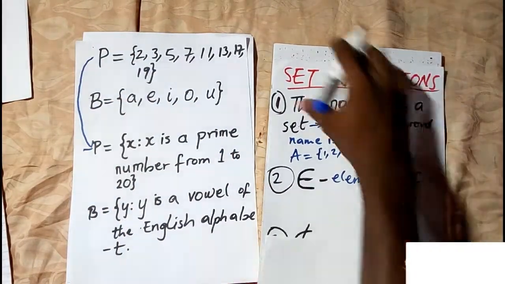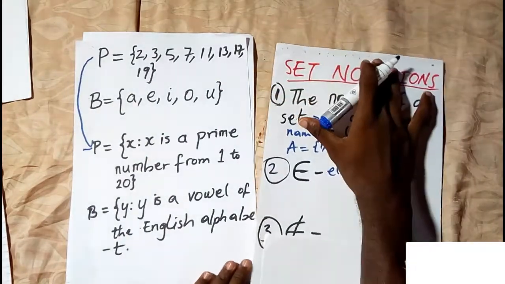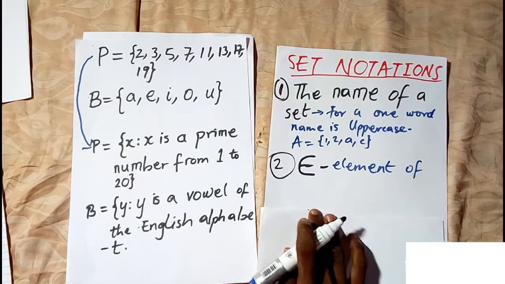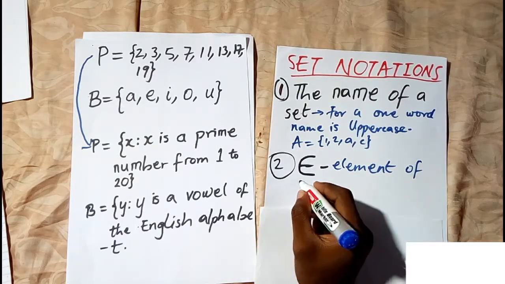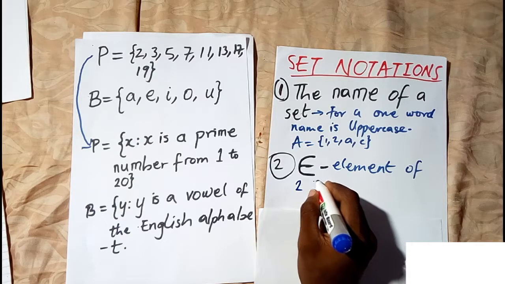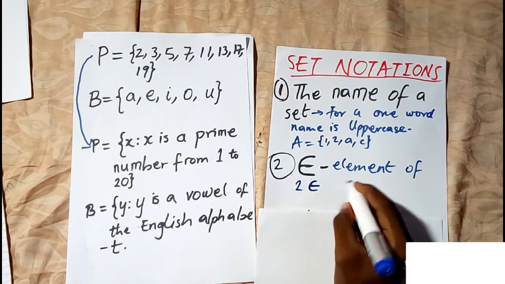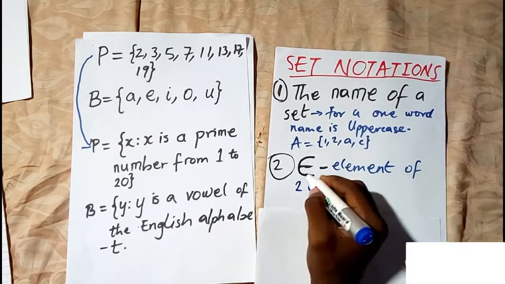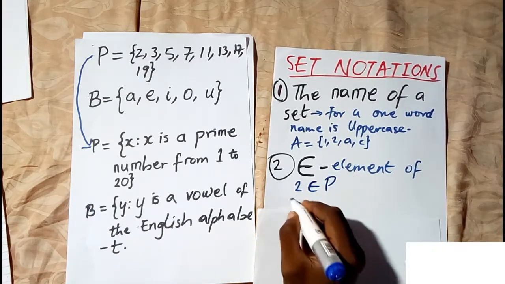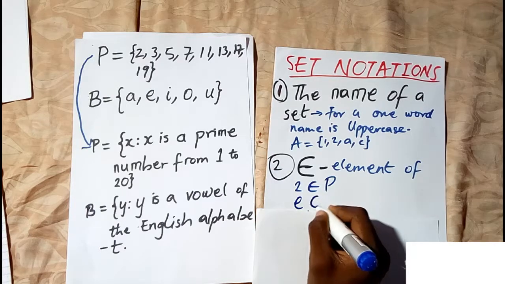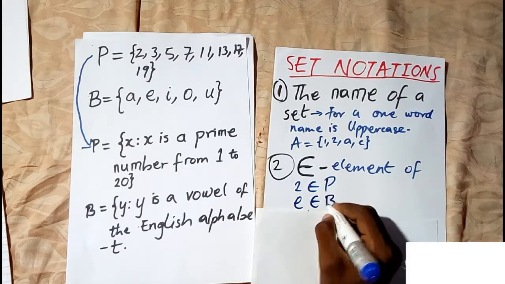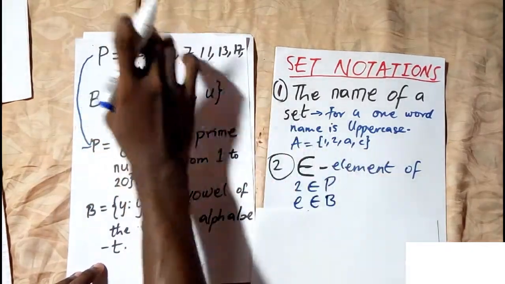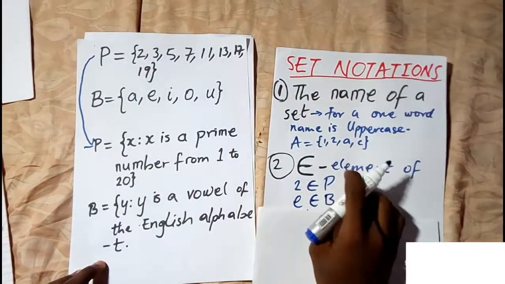Sometimes I mistakenly call it set element, but since I've not introduced elements, we'll be calling it member. So here 2 is an element of P. We read this as element of. We have another one, E is an element of B. So that is the name of this symbol.